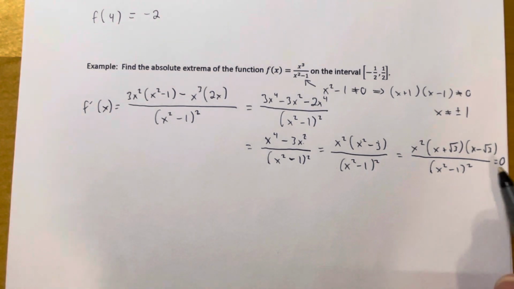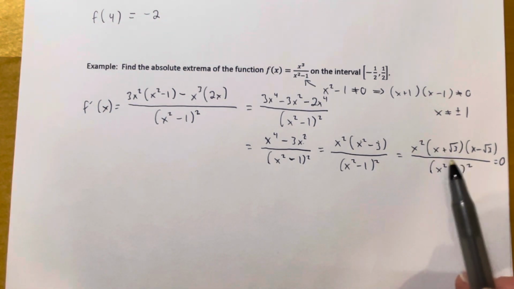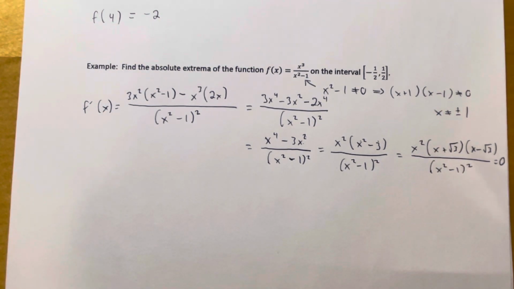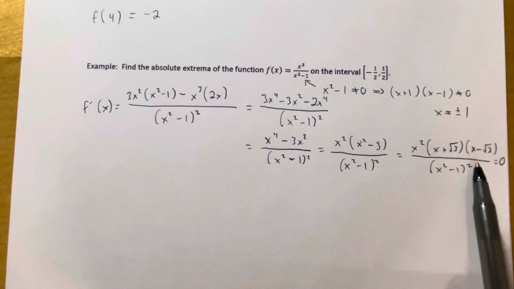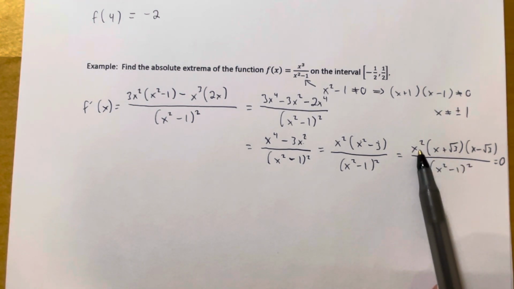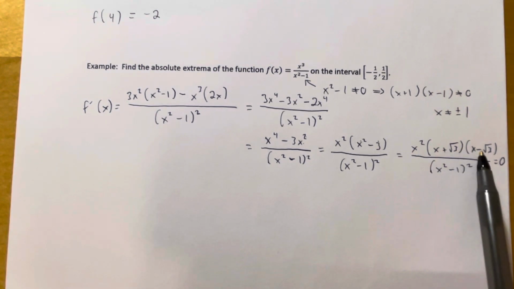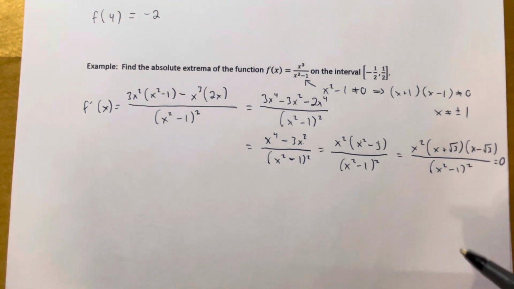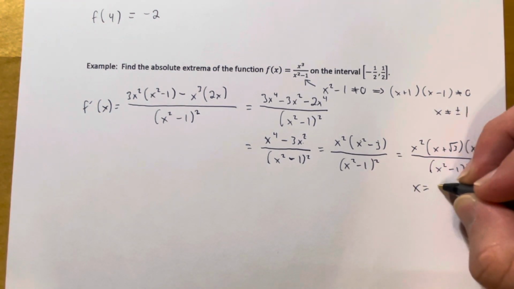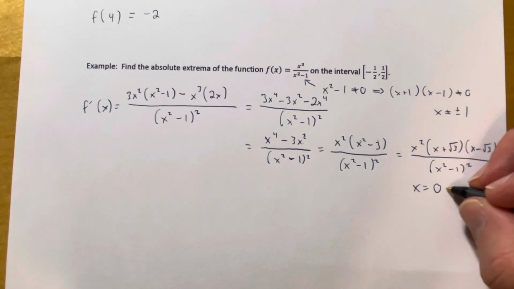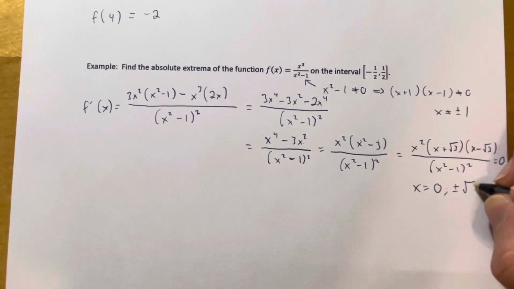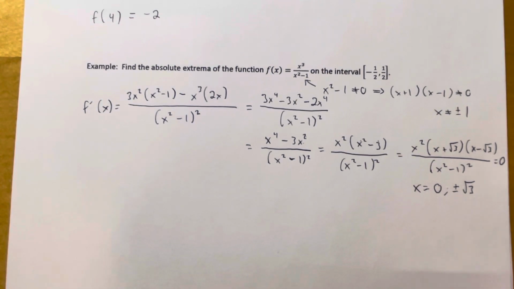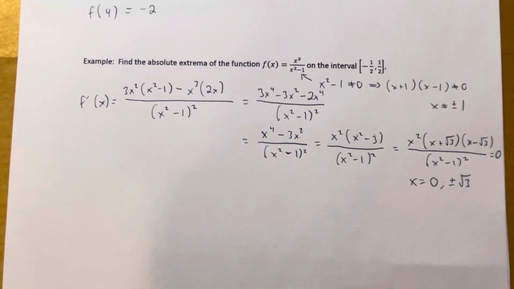If I have a rational function equal to 0, all of the zeros will come from whatever makes my numerator equal to 0, but not my denominator. Those values would be x equals 0 from the x squared, or plus or minus root 3. Okay, because that's from these other two factors right here.